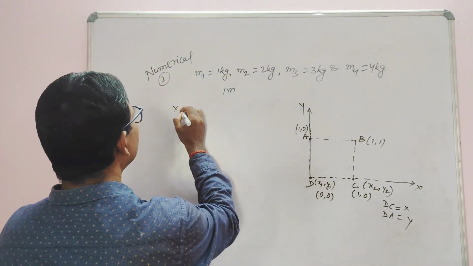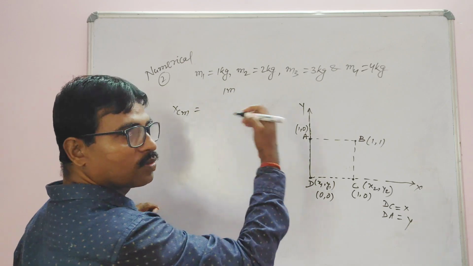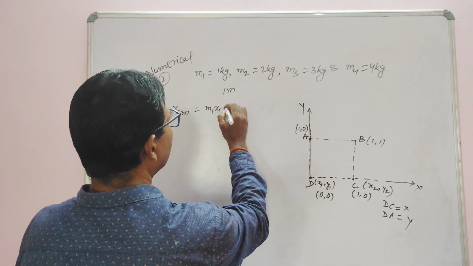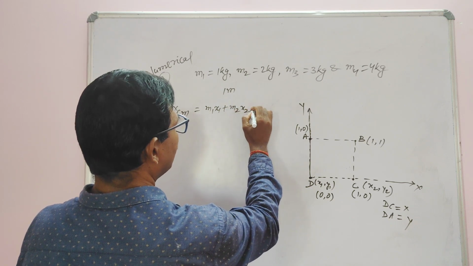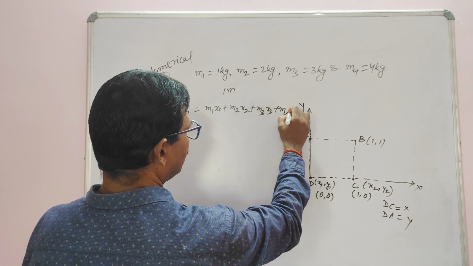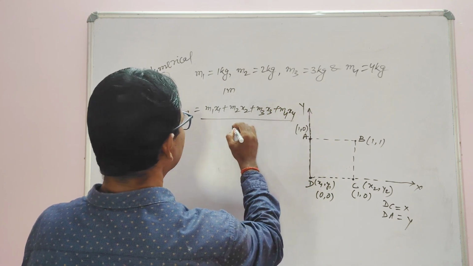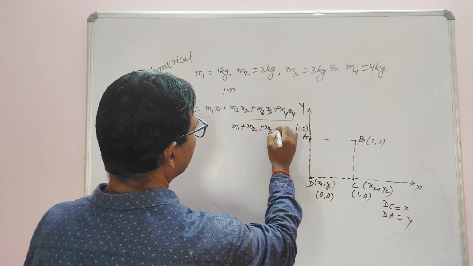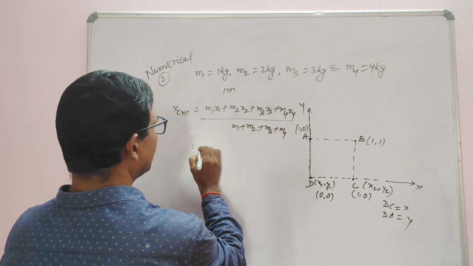So in this case, just put the values I am giving you. XCM equals M1 x1 plus M2 x2 plus M3 x3 plus M4 x4 divided by M1 plus M2 plus M3 plus M4. Any problem?